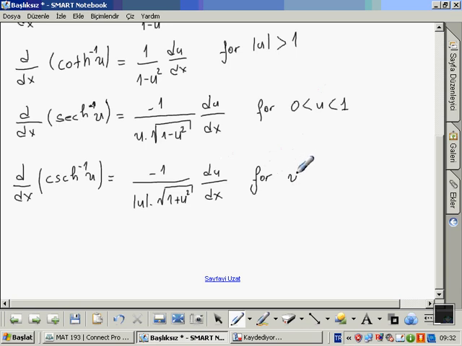It's for u not equal to 0. And let's calculate the inverse cosecant hu, the derivation of this function.